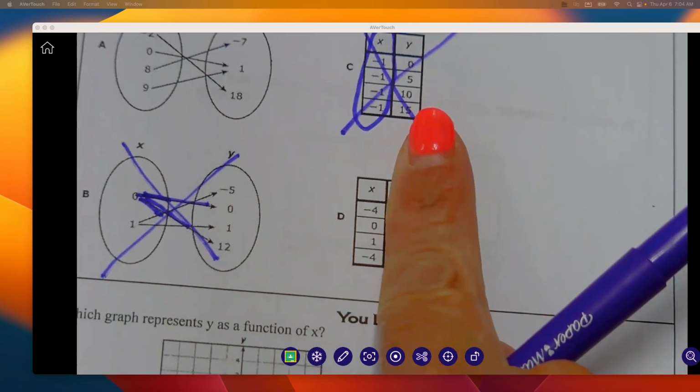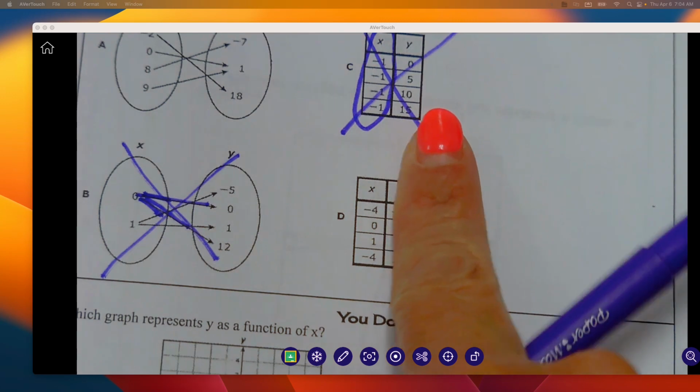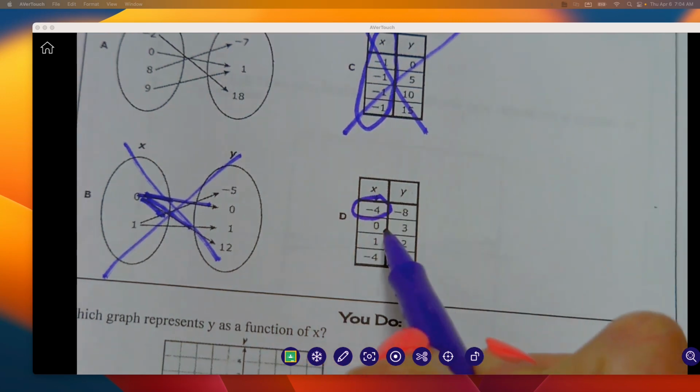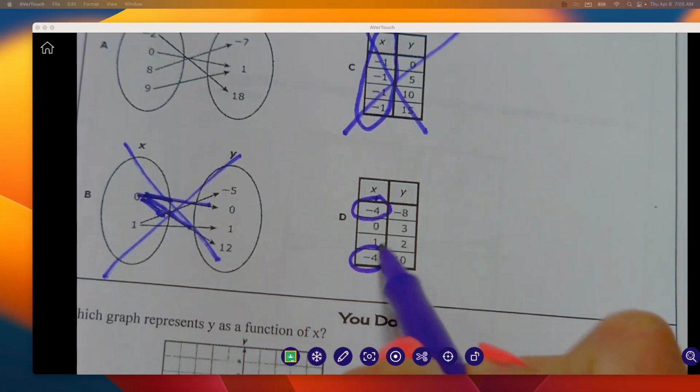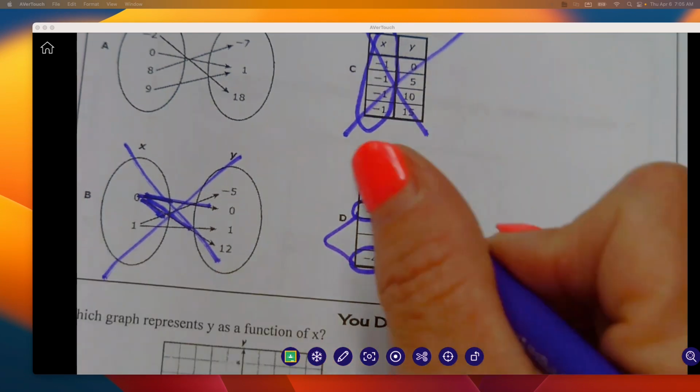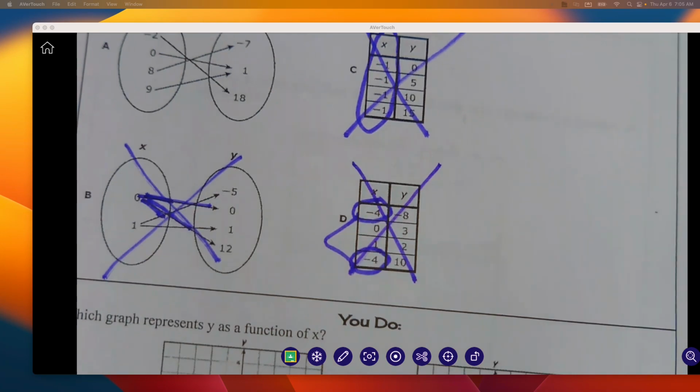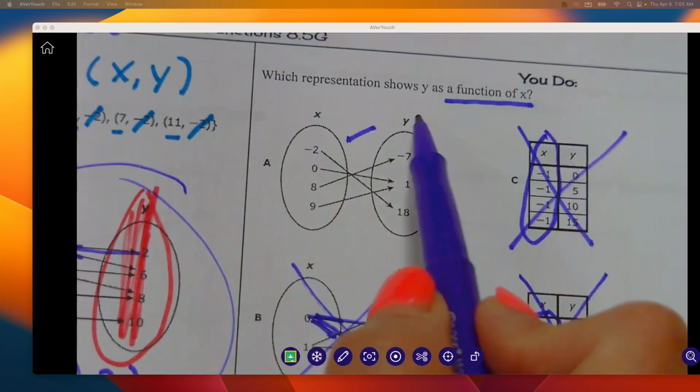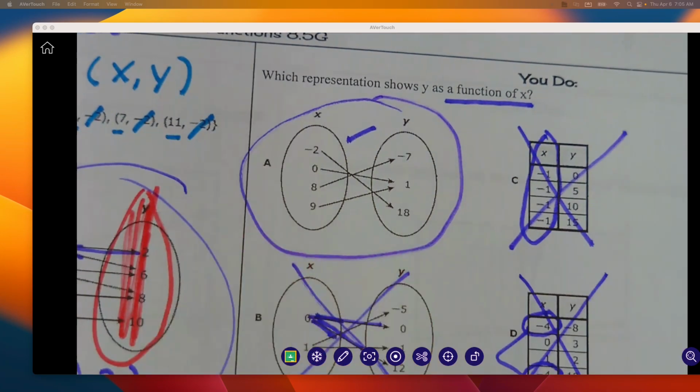We're going to cover up the y values. I'm looking at only the x. I have -4, 0, 1, -4. These two repeat. Remember, x can't repeat. This is not a function, so I'm going to cross that one out. So hopefully you picked letter A. This is the only one where the x does not repeat.